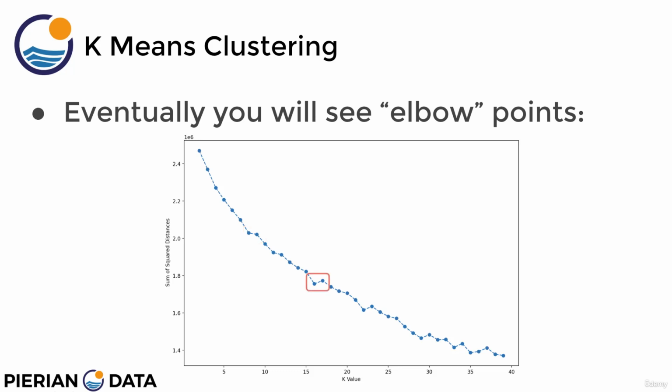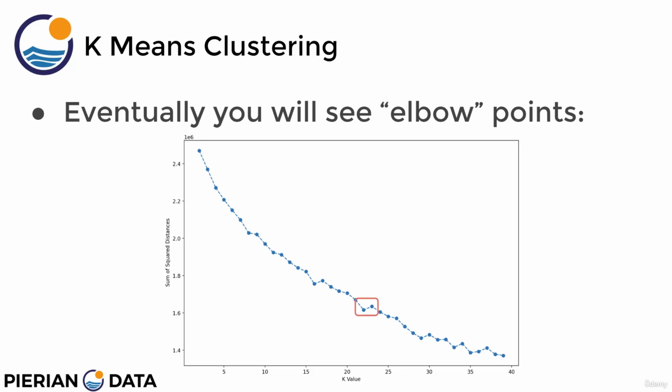But notice here, there's a wide variety of points that could be reasonable assumptions of where you would want to have a k cutoff, which means there's probably different ways to actually cluster these variety of data points in a way that makes sense. So if you have a really large data set on bank marketing clients, maybe you just want to separate them out into 3 groups, or maybe you want to separate them out into 25 groups. And those could be different clusterings or groupings that both make sense.